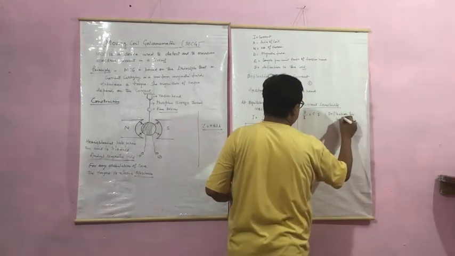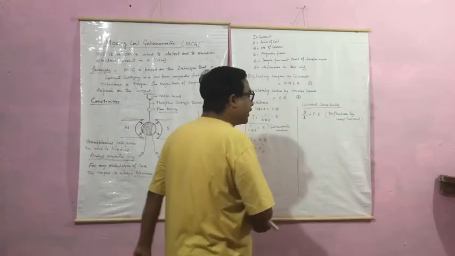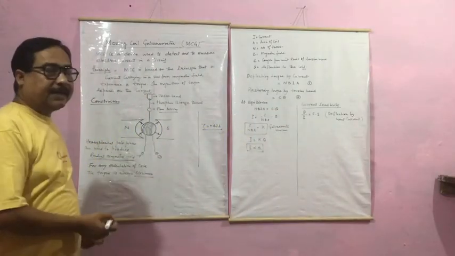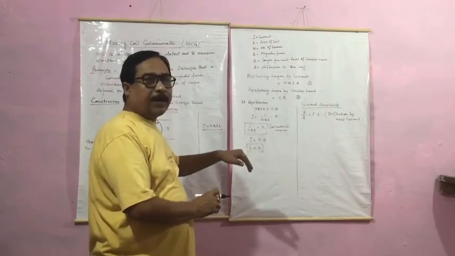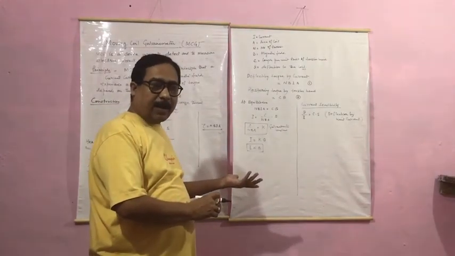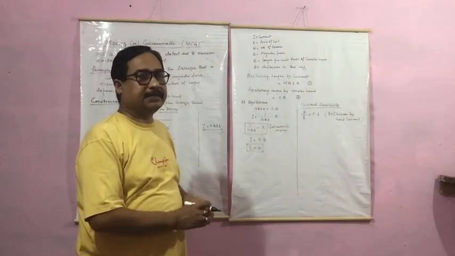If we flow 1 ampere current to a galvanometer, then theta upon I is 1. So theta in that particular situation is called its current sensitivity.